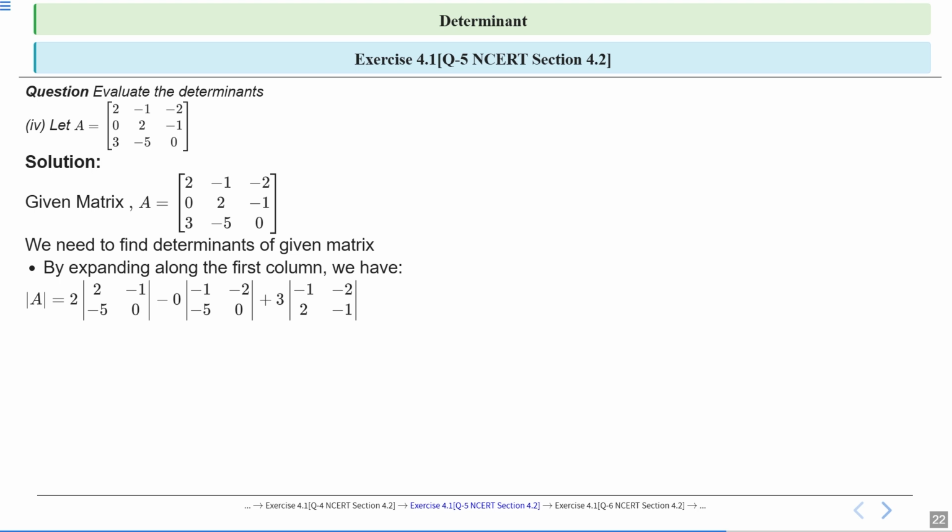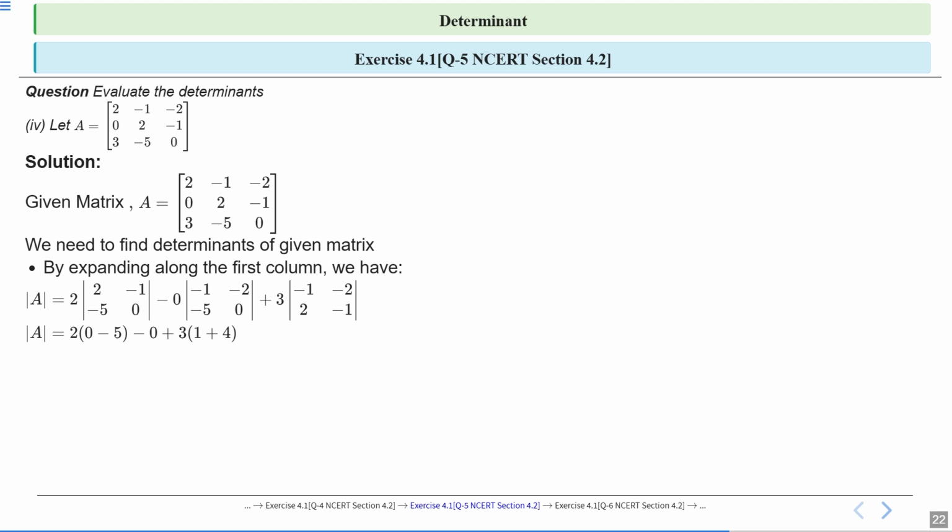Plus 3. 3 is present in the third row and first column. So cancel the third row and first column. We get the matrix minus 1, minus 2, 2, and minus 1. So we get 2 into, to get a determinant of order 2 cross 2, multiply the diagonal elements, that is 2 into 0 is 0, minus the off-diagonal elements, that is minus 1 into minus 5, that is 5.